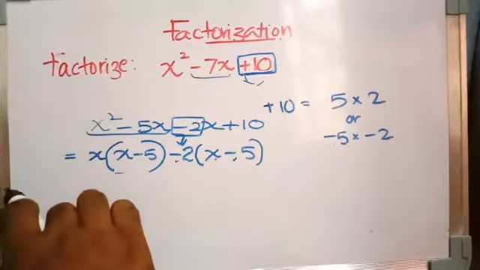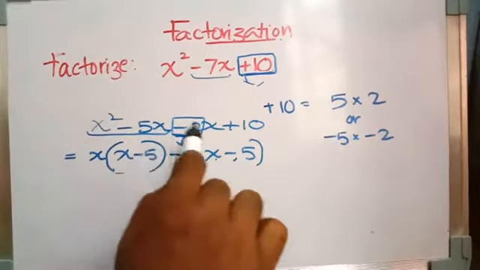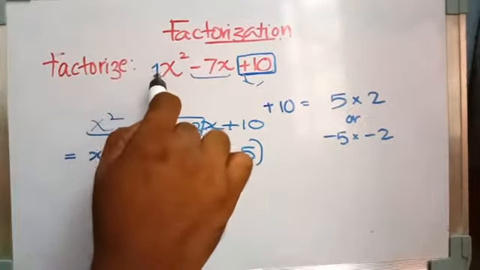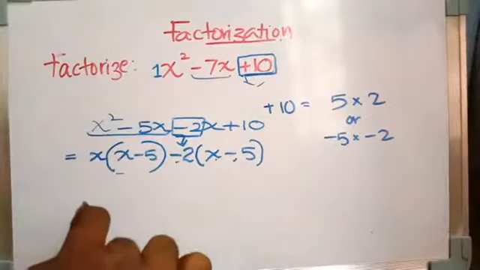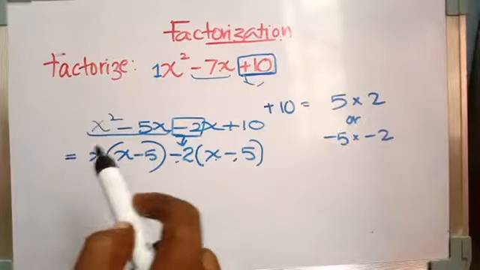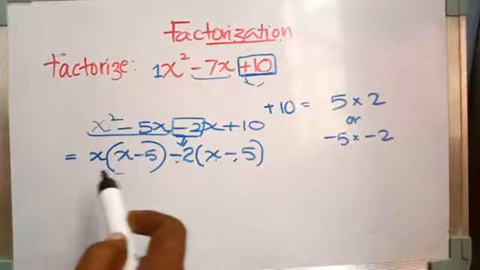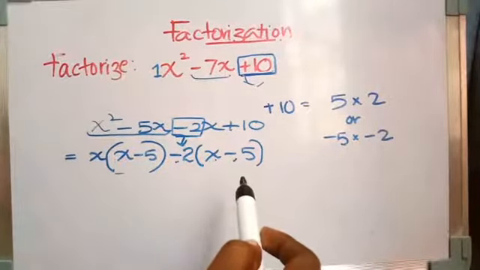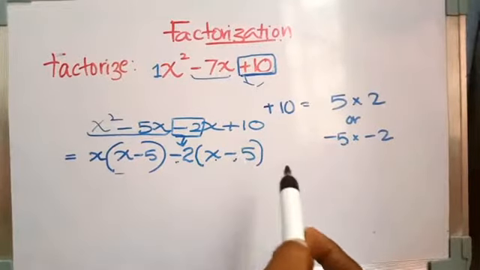It's clear now. And see, this shortcut is possible when the coefficient of x squared is 1. When the coefficient of x squared is 1, this is very simple. When it is more than 1 or less than 1, it goes a different way.